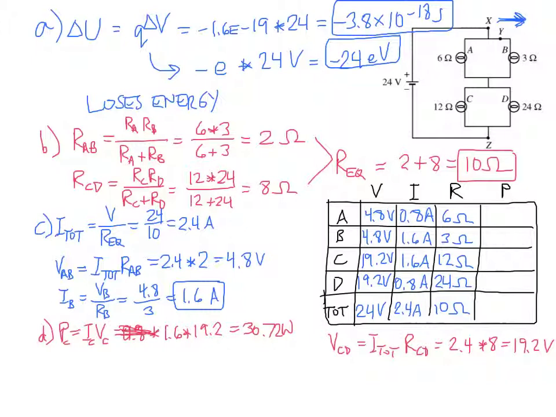So I'll put that in that column. And the energy is equal to power times time. So the energy dissipated in bulb C is equal to the power multiplied by the time, which is 30.72 times 5, which is approximately equal to 154 joules.